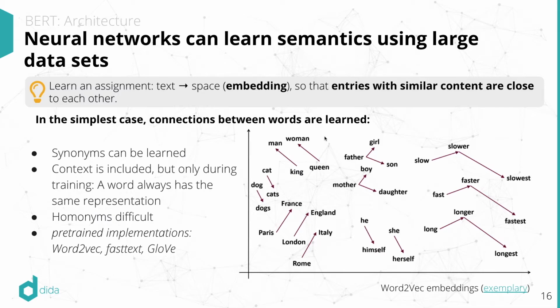There are a few freely available pre-trained implementations of single word embeddings such as word2vec, fastText, or GloVe, which are able to give you embeddings which are similar to what we see here. So some problems of non-semantic searches, such as synonyms, are solved by using single word embeddings, but others, such as homonyms or paraphrases, are still not solved because they need context. And this is exactly the problem BERT wants to solve.